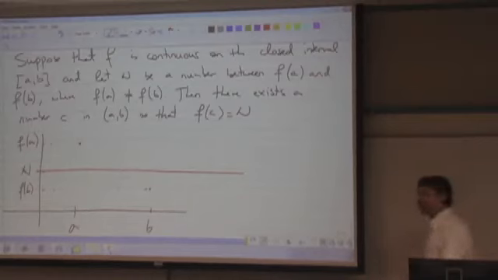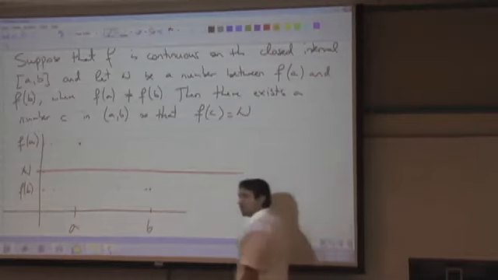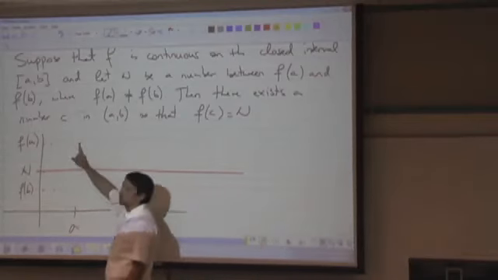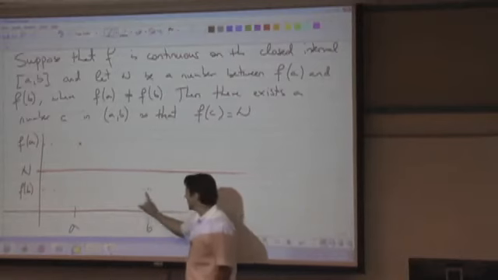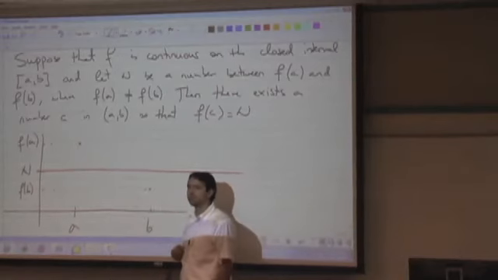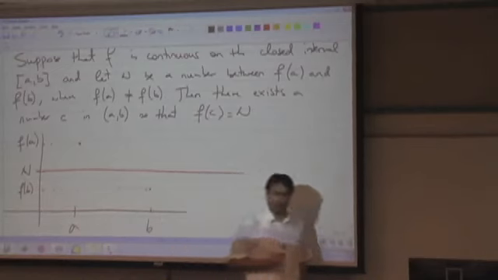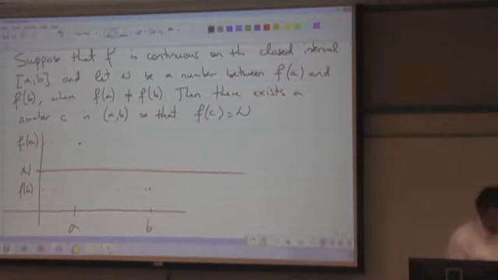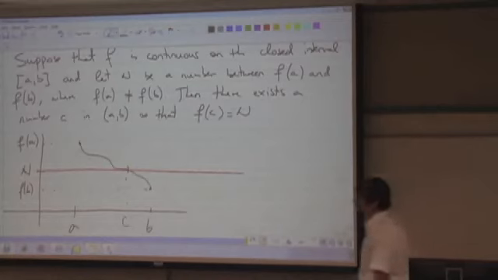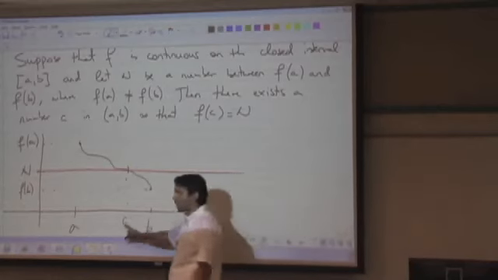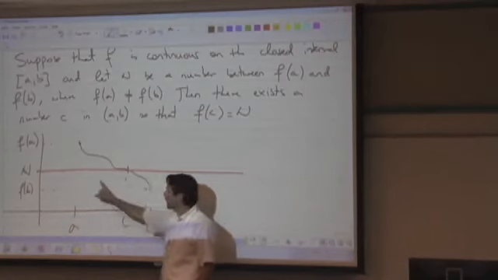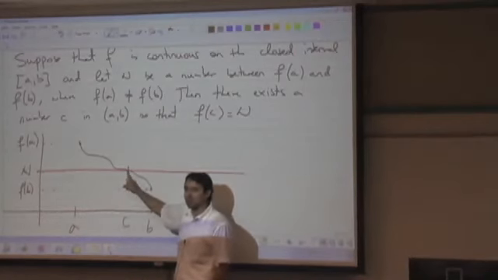Can you draw a continuous line starting at this dot, finishing at this dot, without crossing the red line? That's what the intermediate value theorem says. It says there's some point between a and b in which the value of your function will cross the red line.